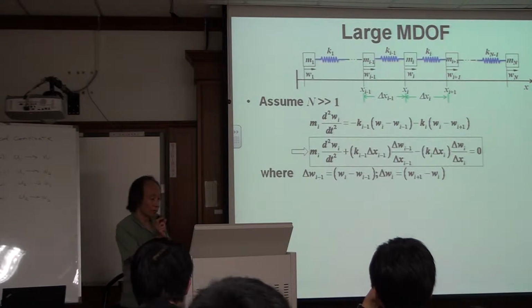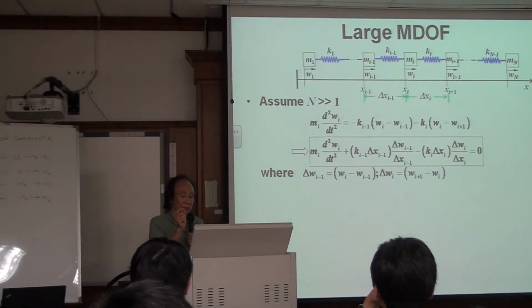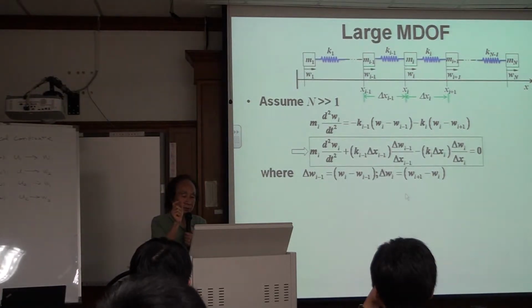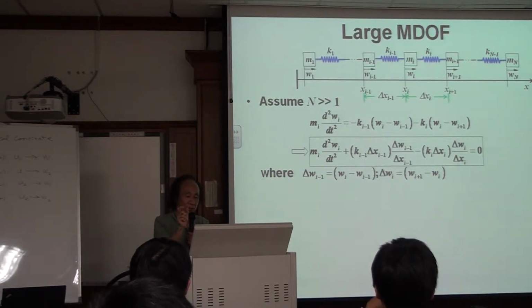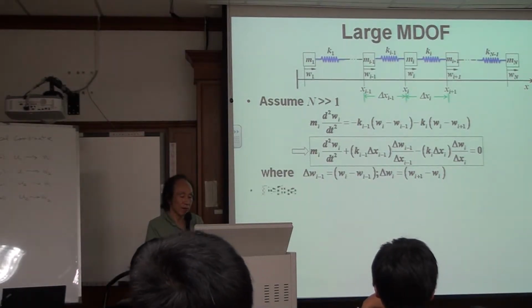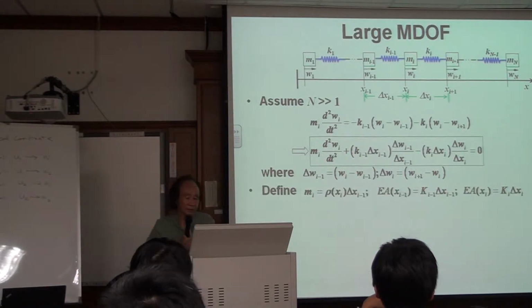So I say the distance between any spring is very small. Right? If I do that, then I can define like this.